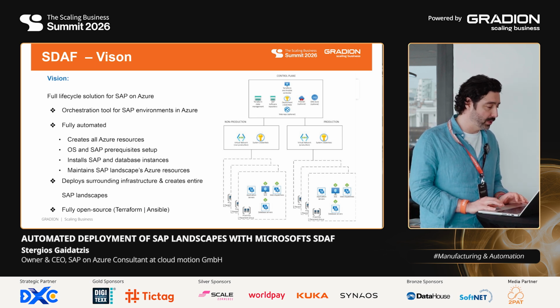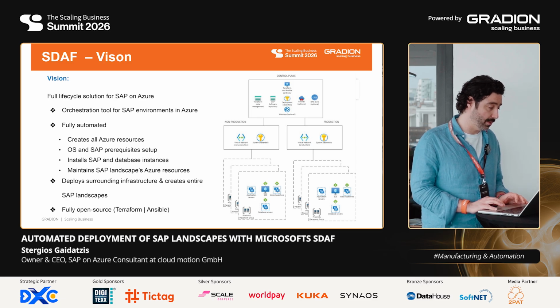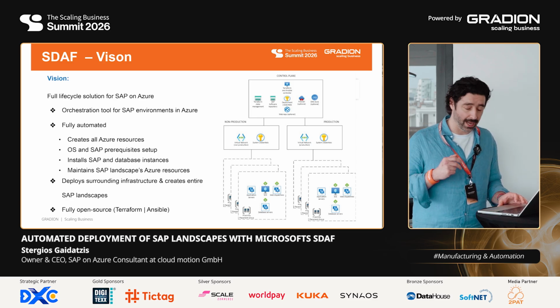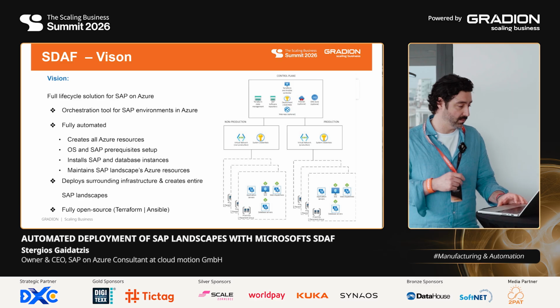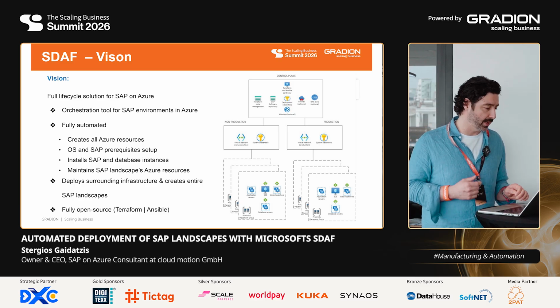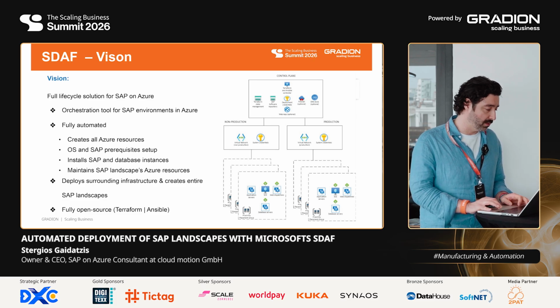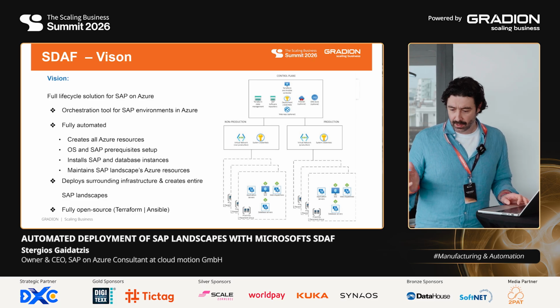OS and SAP prerequisites setup is also managed by SDAF, and you can run this also twice. It's not an issue. You can run the Ansible pipeline again. Install SAP and database instances, and maintain SAP landscapes and Azure resources.